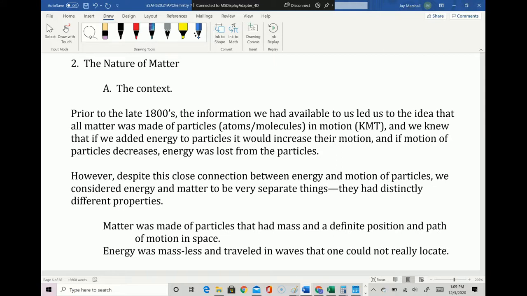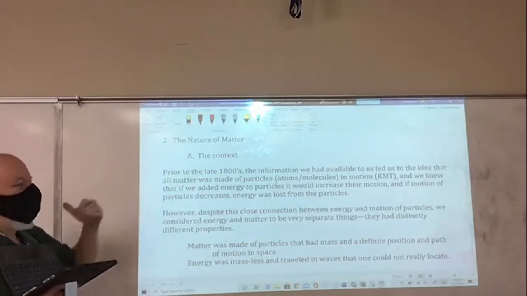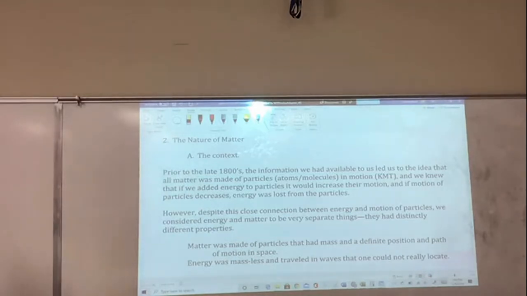And we understood that because of the kinetic molecular theory, and Dalton synthesized all of this in the early 1800s and said things are made up of atoms, and if we interact these atoms together, we get conservation of matter. And so the atomic theory was pretty well entrenched by then, but we didn't know anything about the structure of the atom. We just knew that it was a particle.